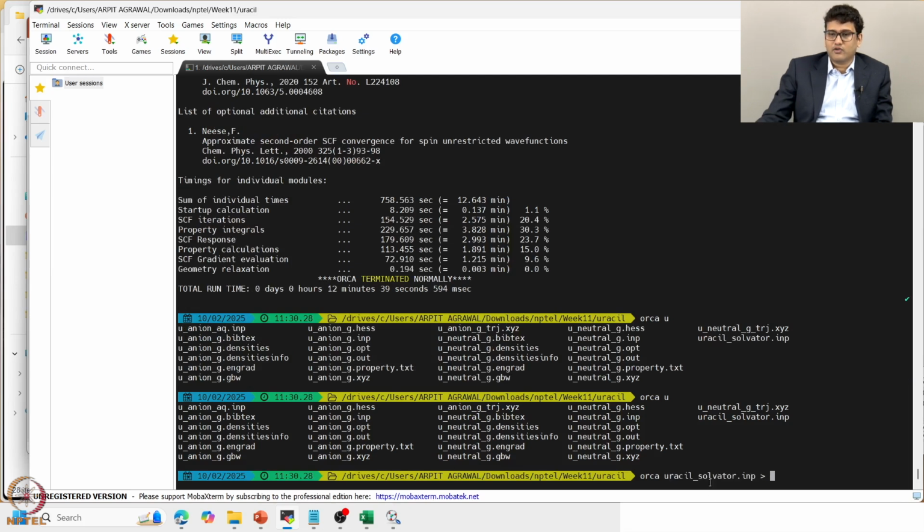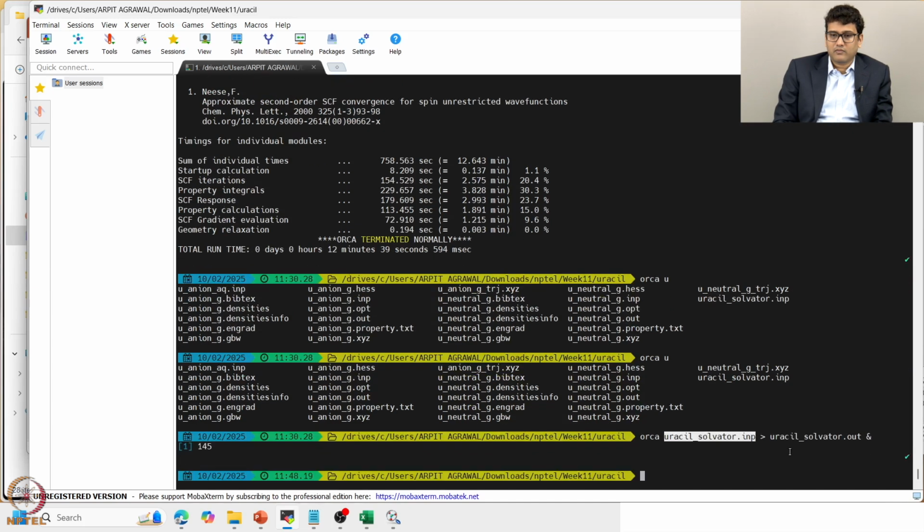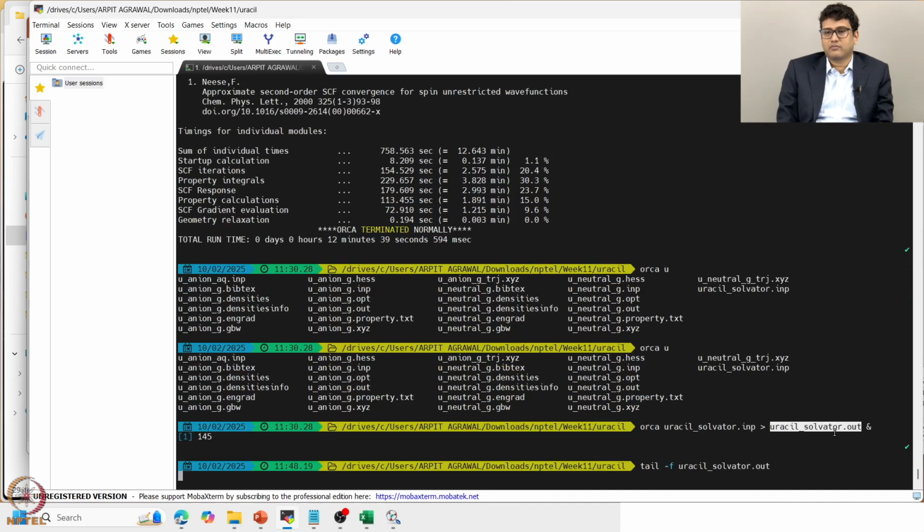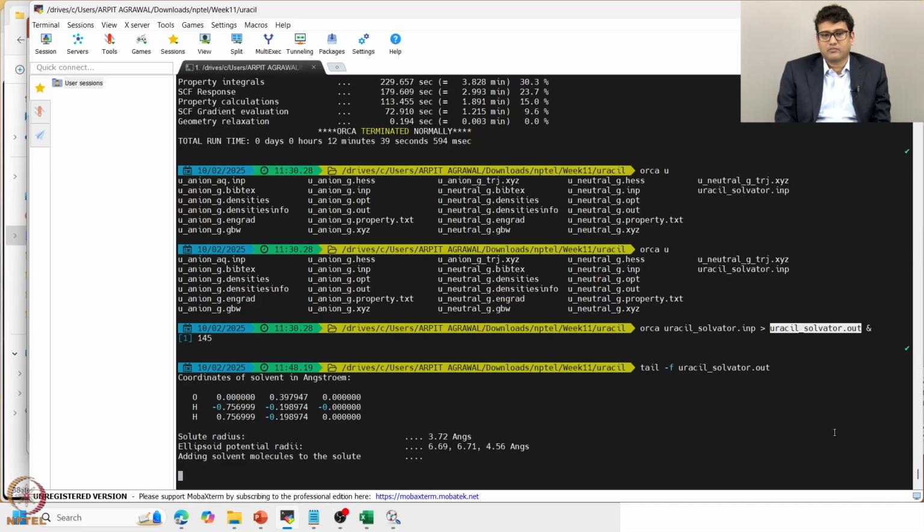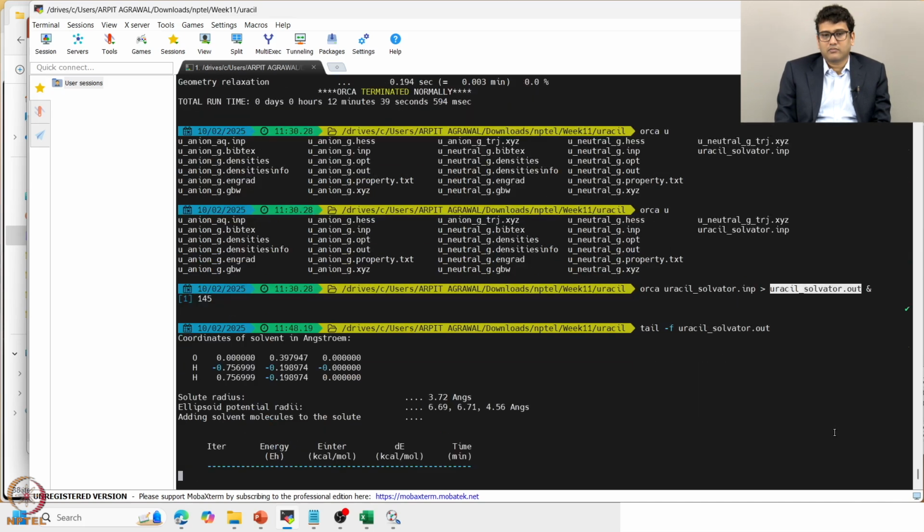So I can submit the job. So this is what it's trying. It is trying to put the water and trying to minimize the electrostatic potential.